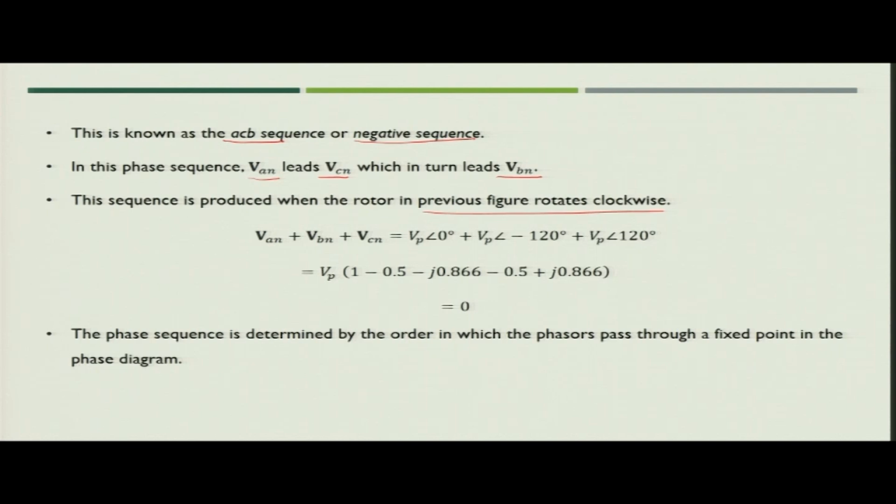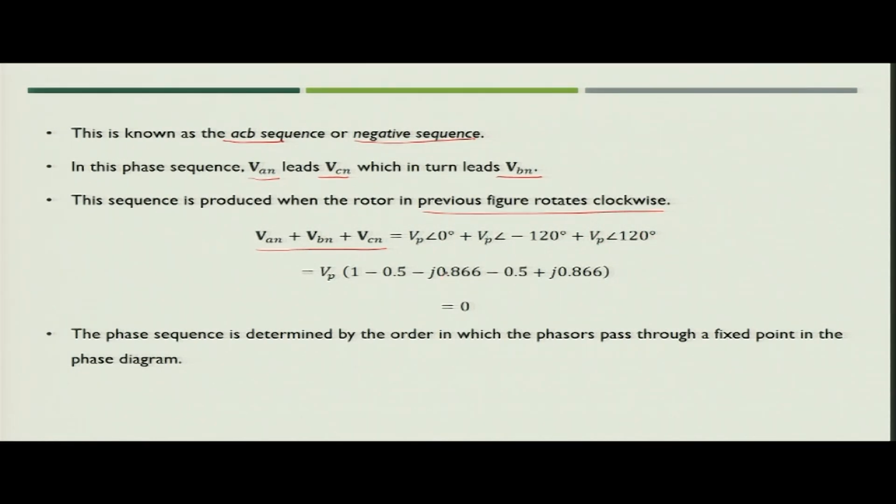This sequence is produced when the rotor is rotating in the clockwise direction. Now, if you calculate VAN plus VBN plus VCN, you put all the values in their respective phasor notation: VAN will be VP angle 0 degrees, VBN will be VP angle minus 120 degrees, and VCN will be VP angle 120 degrees.